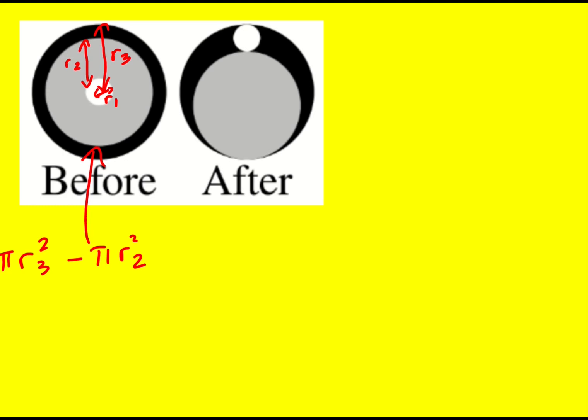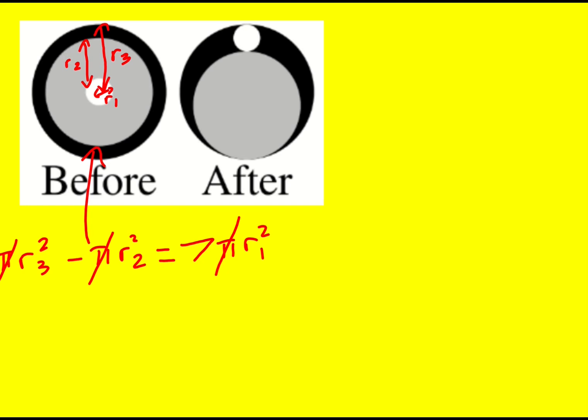Now, we're also told that that is 7 times the circle. So it's going to equal 7 times pi r1 squared. Okay, now I can cancel out the pi's. So r3 squared minus r2 squared equals 7r1 squared.